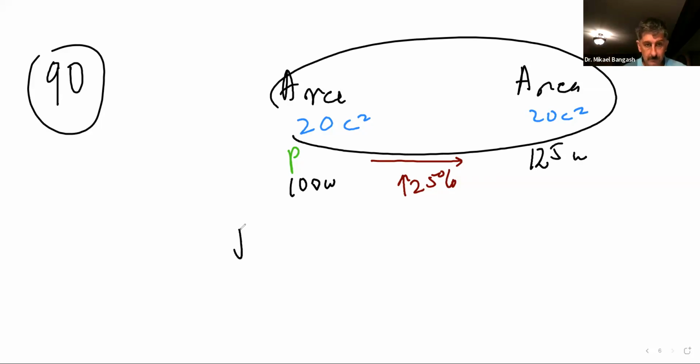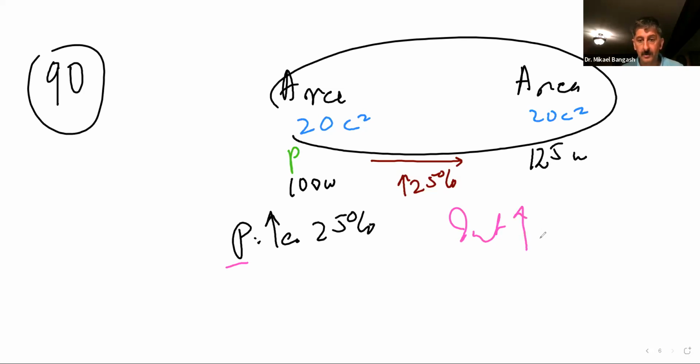So since power increases 25%, you just need to know the relationship between power and intensity. That is also going to increase by the same 25% because the area is constant. So that is straightforward.